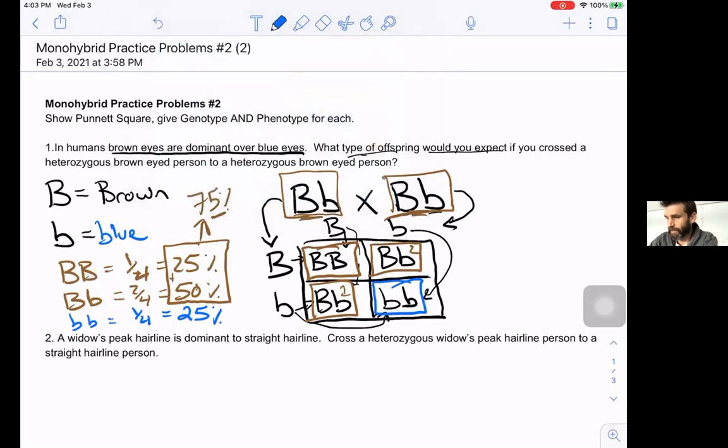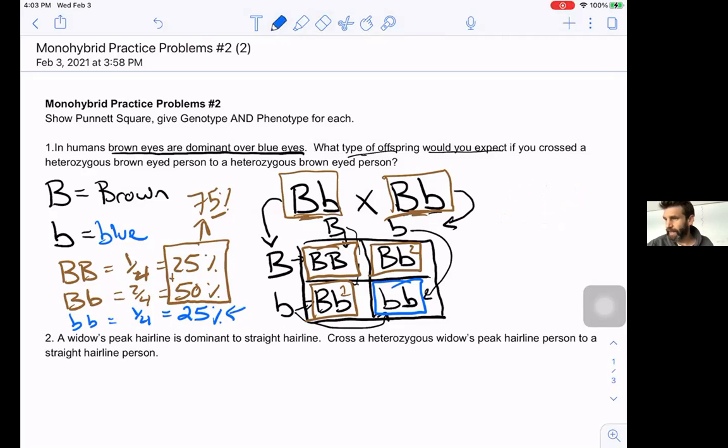And there is a 25% chance that these parents would produce a child with blue eyes. And again, that's just a chance. It's just a prediction. It's just a probability. It's possible that these parents could have 10 kids, all blue eyes. It's super unlikely, and statistically you could do the calculation, but it's possible.